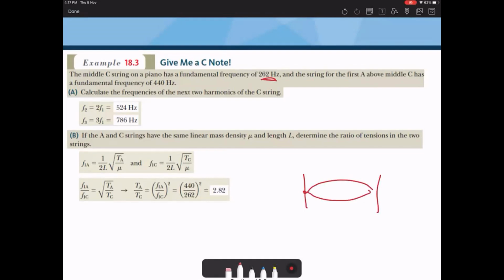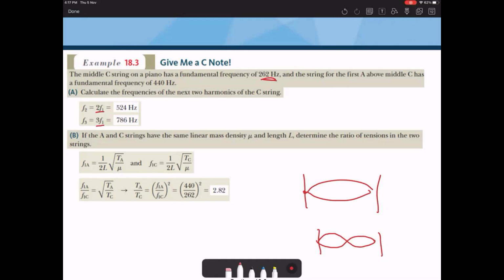You usually draw a loop like this. Then you could have another harmonic like that, with two loops. So the second harmonic is 2F, the third harmonic is 3F. That is how you calculate the frequencies of the next two harmonics.